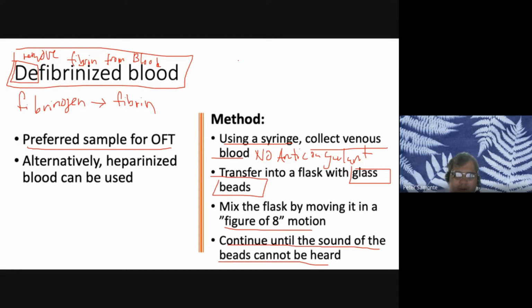What do you think is the relationship of fibrin to glass beads? Based on what I taught you about fibrin, it is net-like. It would filter the cells so they coagulate.